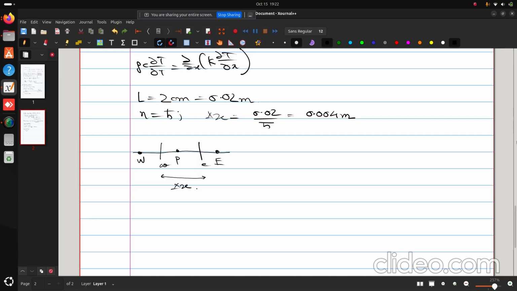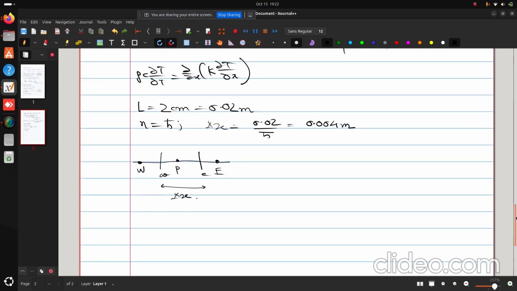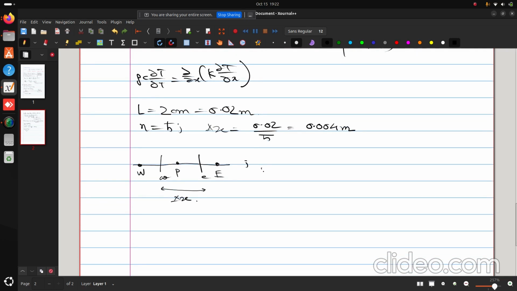Okay, so the first term will be Tp1 minus Tp0 by delta T. So let me write it down. So this 0 superscript is a superscript, right? It's not a power.